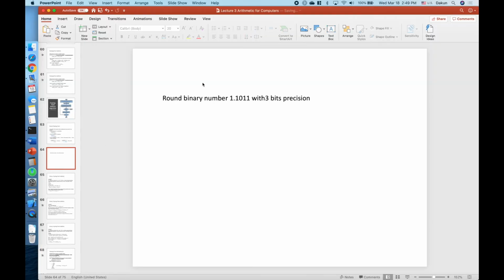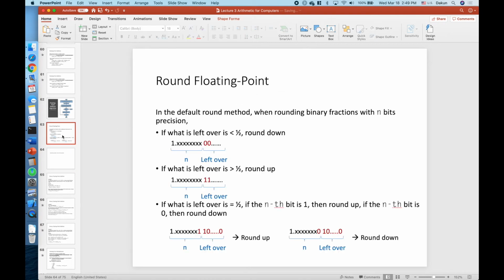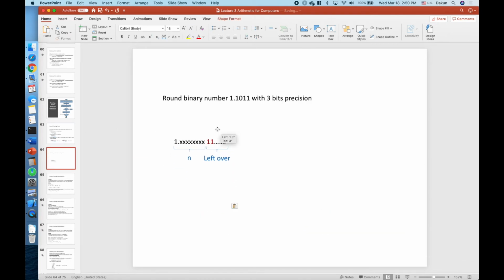So here is an example. If we try to round the binary number 1.1011 with 3-bit precision, then the precision part should be 1.10 and what is left over is 11.